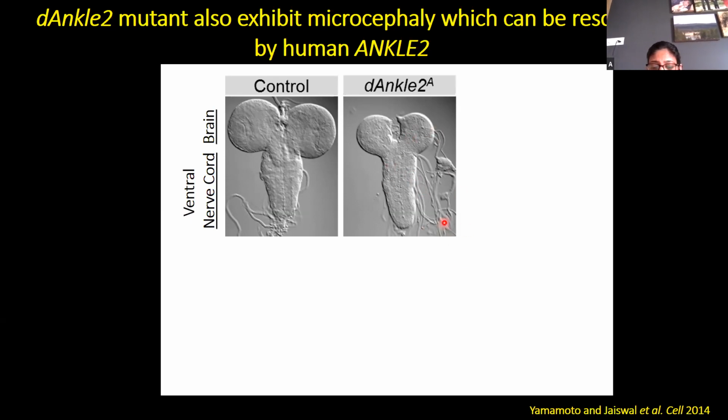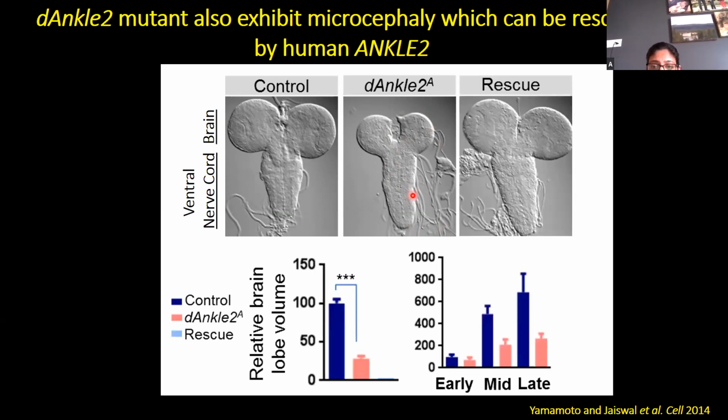So here you have the rescue, and by rescue I mean expressing the human protein. When you express human protein in this mutant background, they found that it completely rescues the size. Not just size, these animals were alive, and the flies came out healthy.